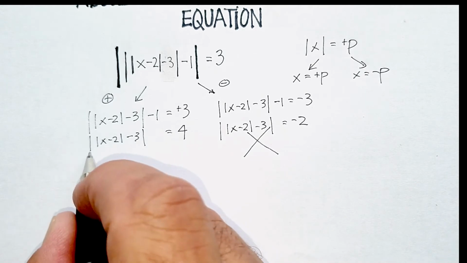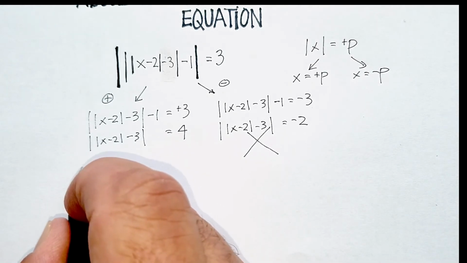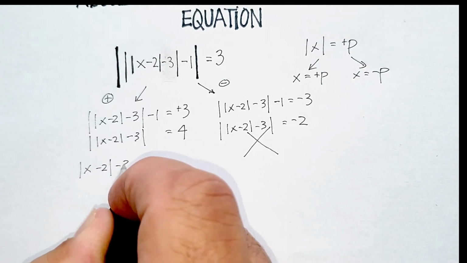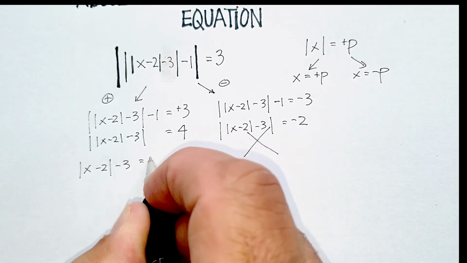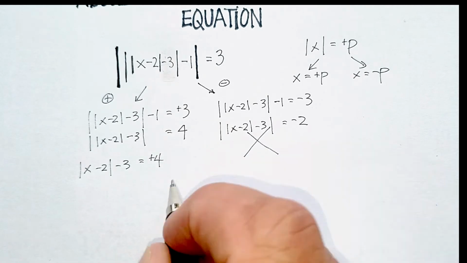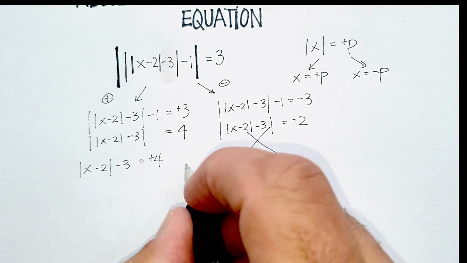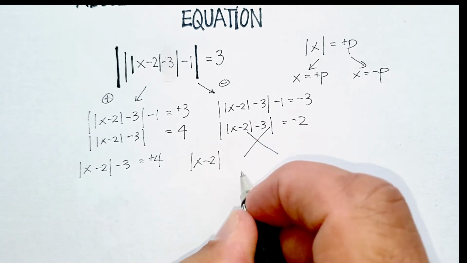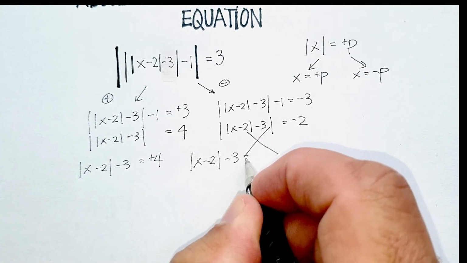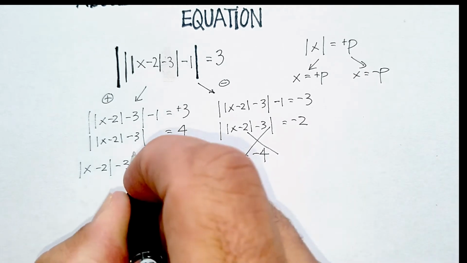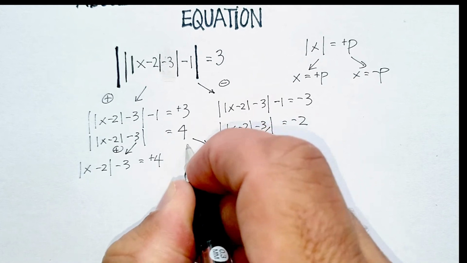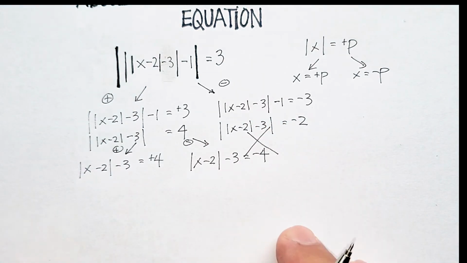So over here, we're going to get rid of these two outer brackets, and we're going to say the absolute value of x minus 2 minus 3 will be equal to the positive case, in this case 4. The negative case is going to be the absolute value of x minus 2 minus 3 is equal to negative 4. Again, positive case, negative case. Sorry, I kind of squished that in there.